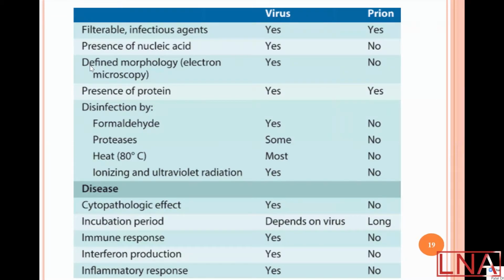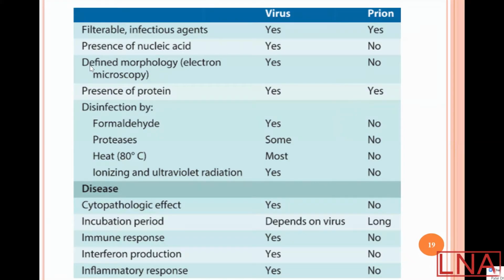Incubation period for all prions is a very long incubation period, but for viruses it depends on the virus. We know some viruses have a very short incubation period, like influenza virus, for example, a couple of days, but some could be long, for example, Herpes virus, several months usually, but for prions it's usually very long, more than several years.